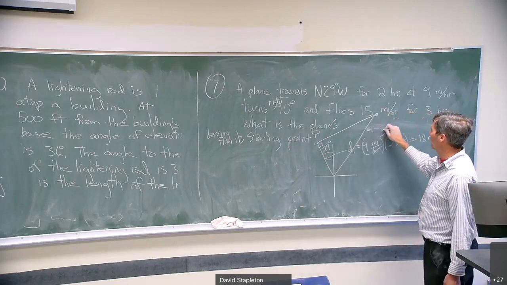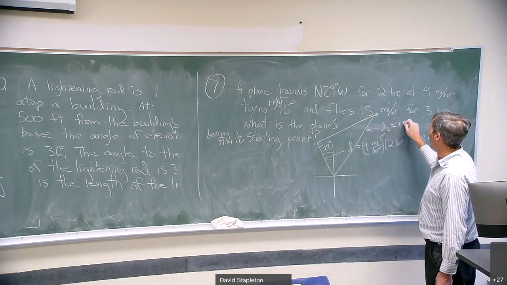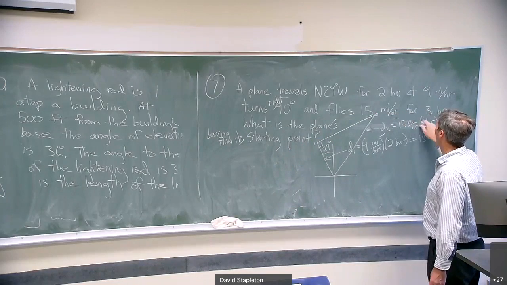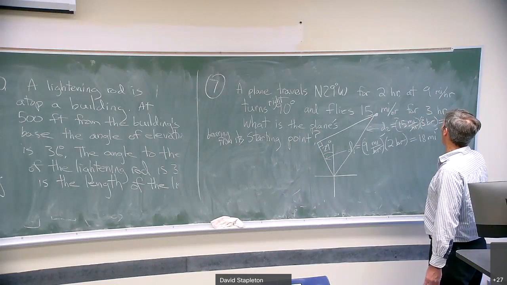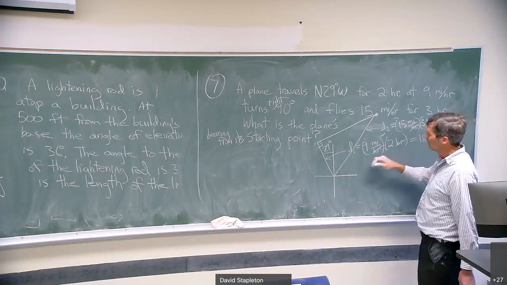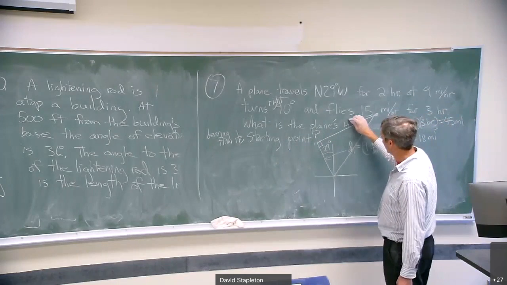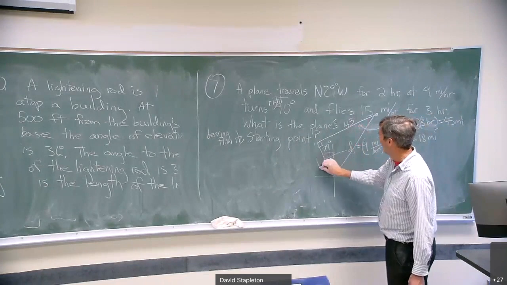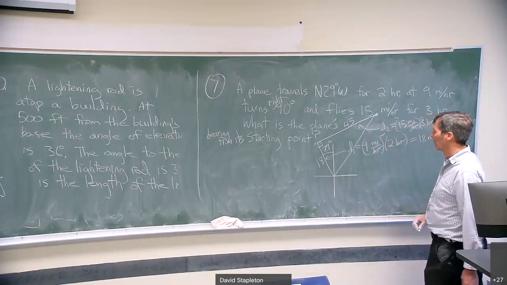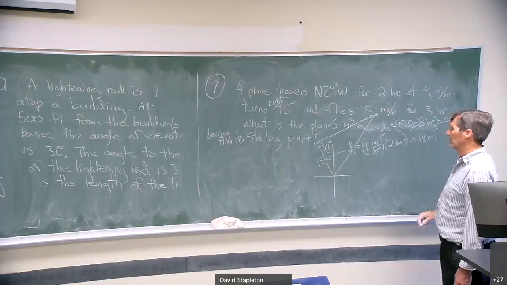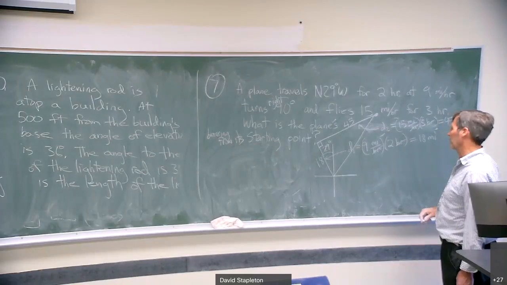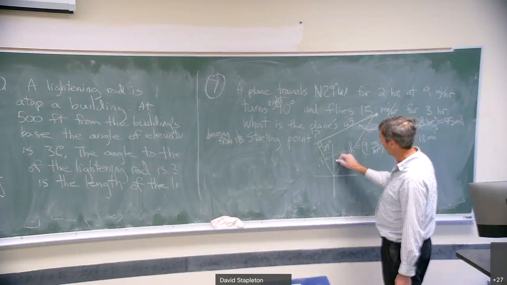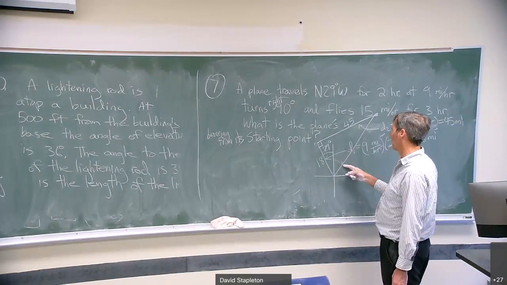So this side here, D2, is 15 miles per hour times 3 hours. The hours cancel and you get 45 miles. So this is a 45 by 18 by something triangle. And we want to know the bearing of all things. How about that? So the bearing is actually going to be this angle north so many degrees east.